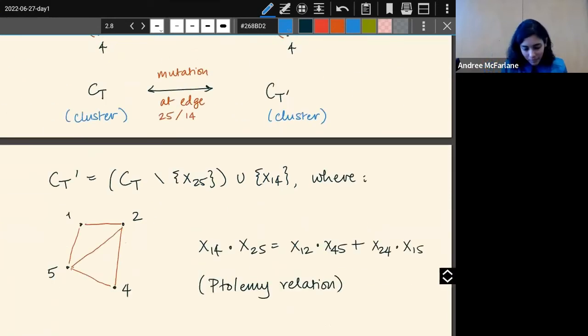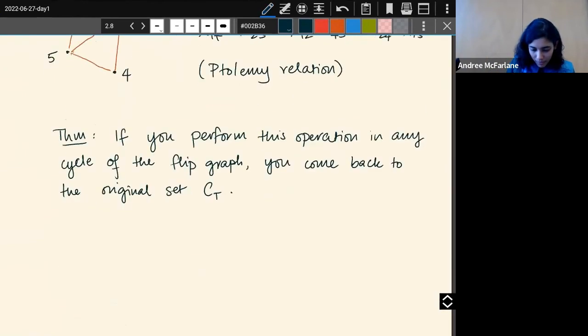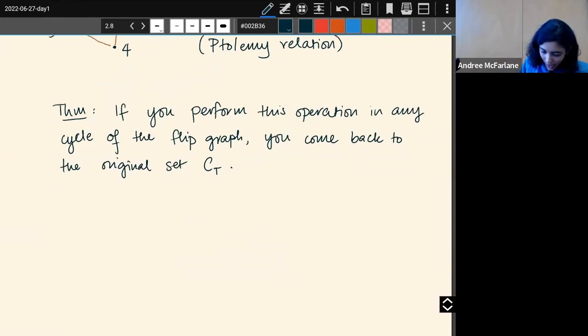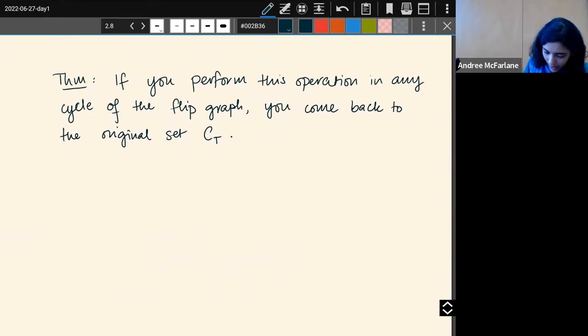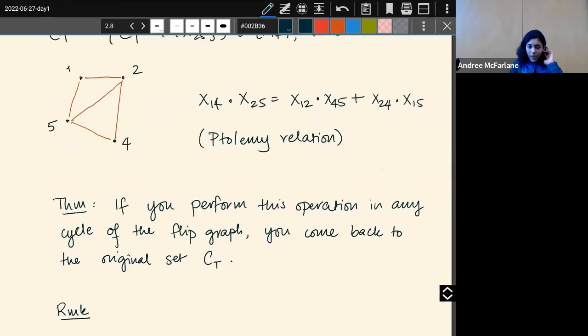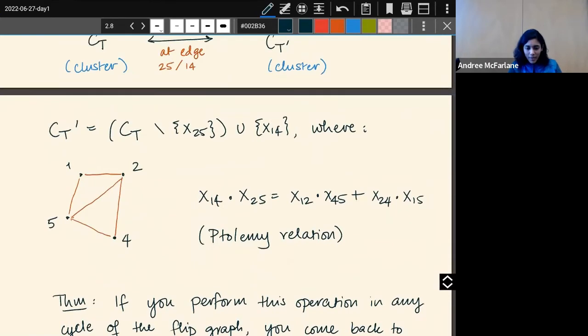Okay, so I'm just going to leave it there for the moment. I'll come back to this in a minute, but I just want to make a remark here. The mutation operation that I've described in terms of a Ptolemy relation is a special case of a much more general thing you can do, which is the construction of something called a cluster algebra.